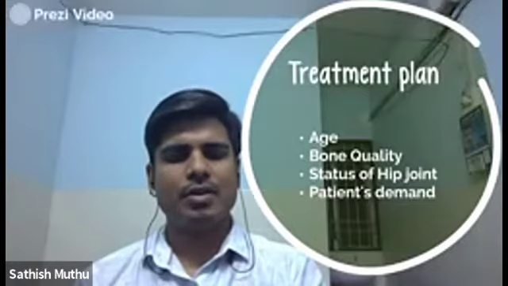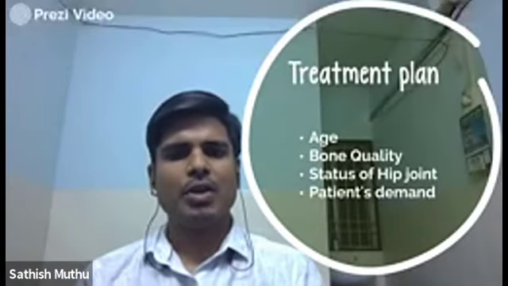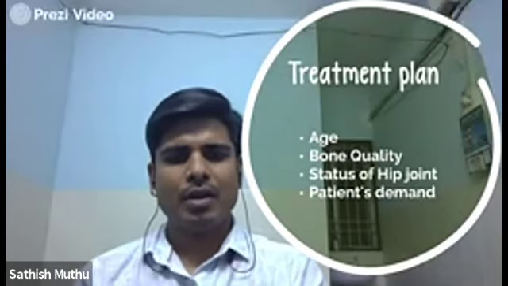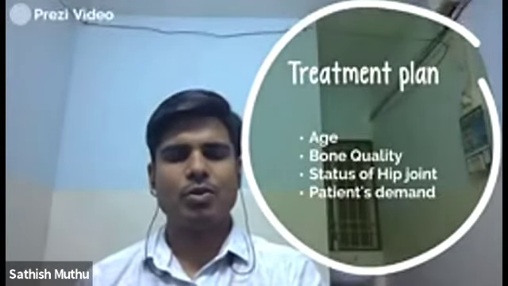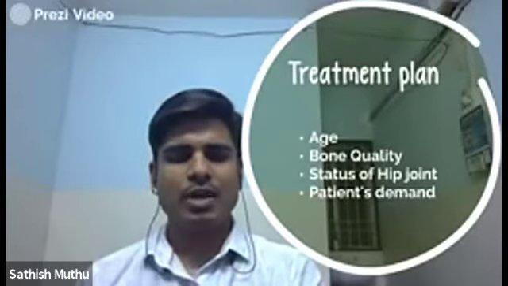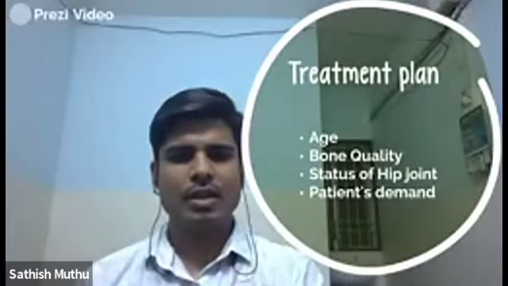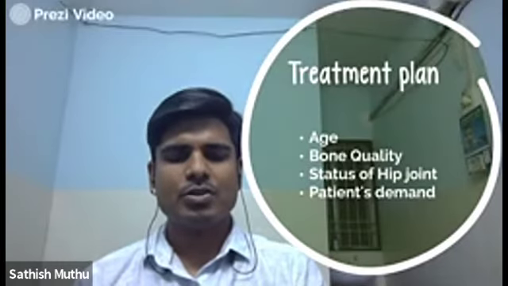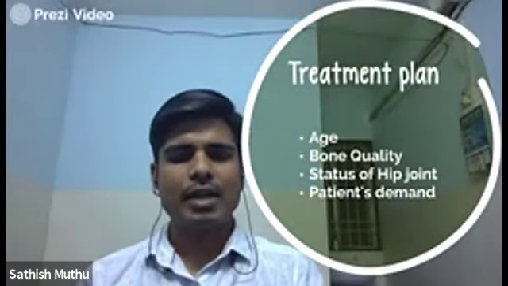Even if he has arthritis, if it is a 2-3 years old malunited intertrochanteric with arthritis, you can still postpone the arthroplasty option by saying that first you do an osteotomy and correct the deformity, because there are some papers which say that if you correct the deformity, there are some chances for the head to even revascularize. There are papers like that. So we can give a chance to the native head to revascularize or do whatever is possible to retain the native head of the femur in a young age.